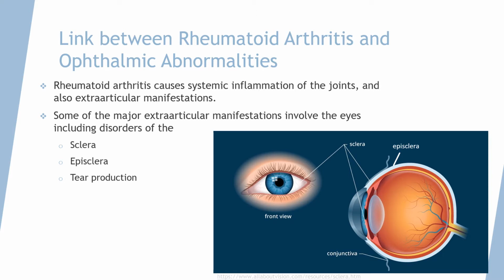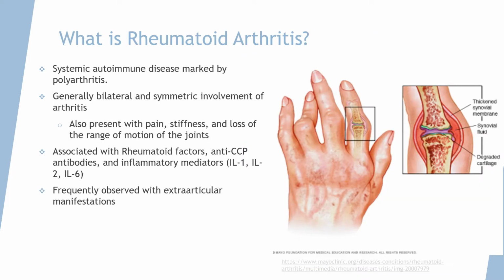their ducts. So rheumatoid arthritis, as explained before, is a systemic autoimmune disease characterized by polyarthritis. It is generally bilateral and symmetric, and usually the joints present with pain, stiffness, difficulty moving them, and the loss of the range of motion.